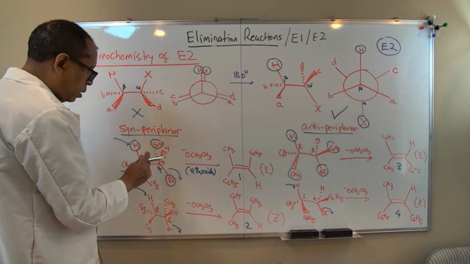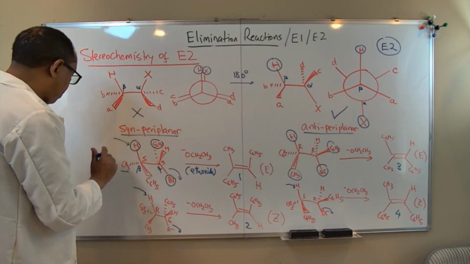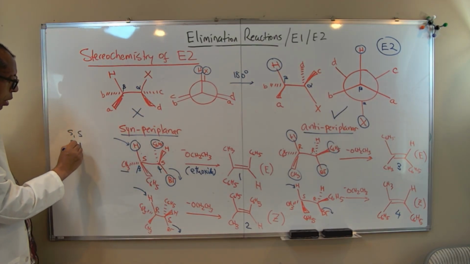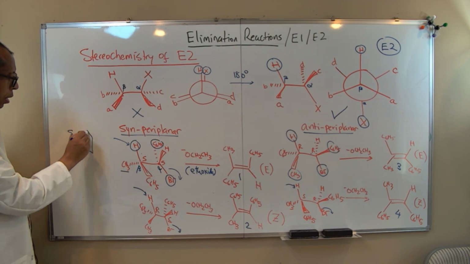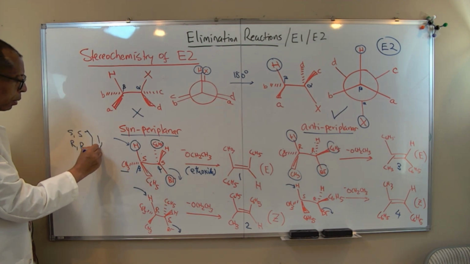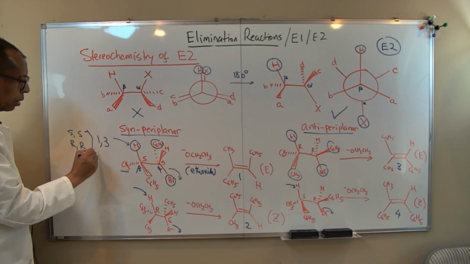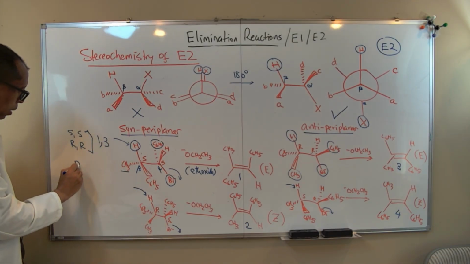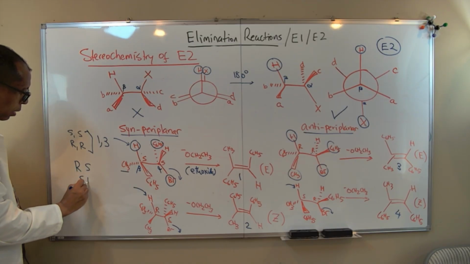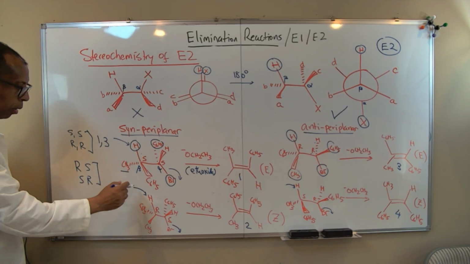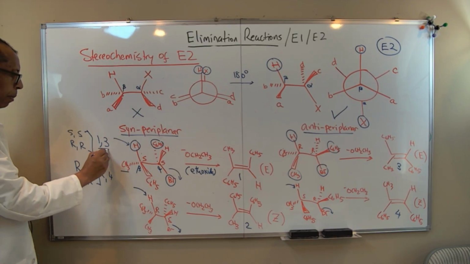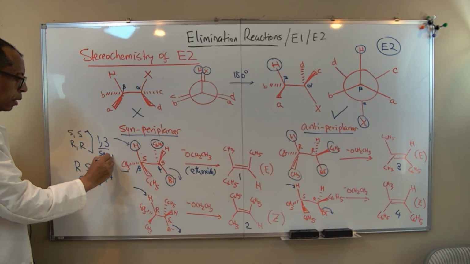So this from SS configuration and RR, mirror images, they produce the same product. Compound 1 and compound 3 are the same. And RS and SR, the mirror images, also would produce compound 2 and compound 4. These are the same molecule.